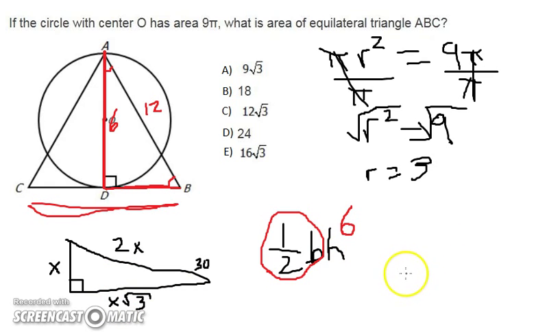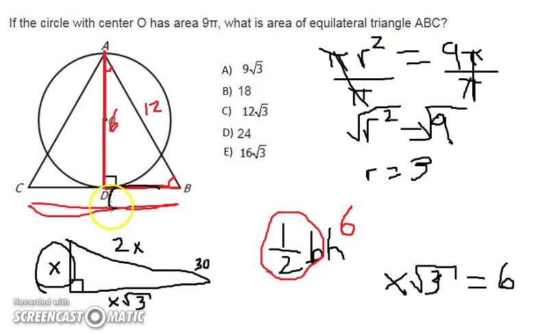So if we stick x times the square root of 3, and we stick that 6 in here, we can solve for x, which will give us that side, which gives us this. So you divide by square root of 3, so x equals 6 divided by the square root of 3.